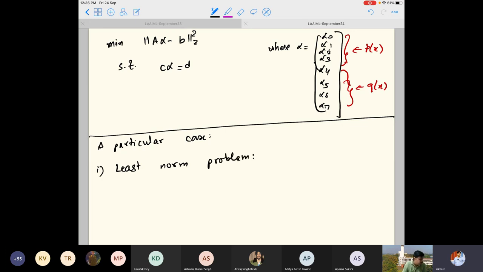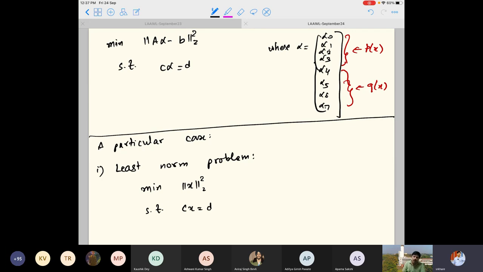And what is the least norm problem? The least norm problem is to minimize the norm of x squared, subject to the constraint that Cx is equal to D.